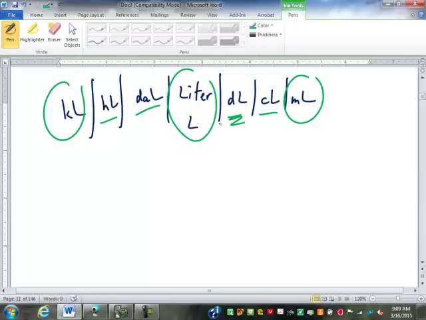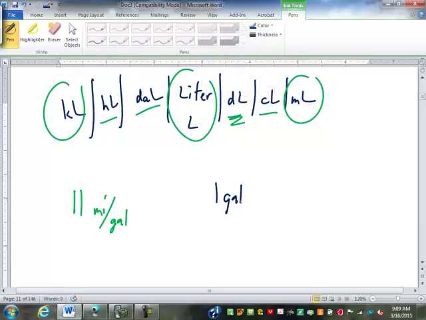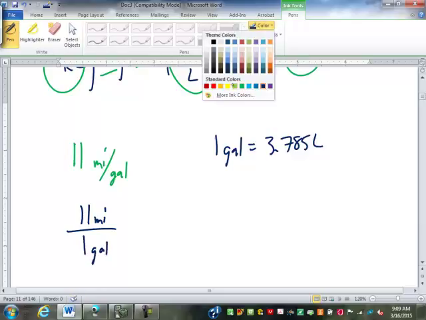I have a question. So if I told you I got 11 miles per gallon, could you tell me how many miles per liter? Now, we haven't really learned this conversion yet, but 1 gallon is 3.785 liters. We'll learn that conversion in the next couple of classes. So you have 11 miles over 1 gallon. We have to get rid of the gallons here.